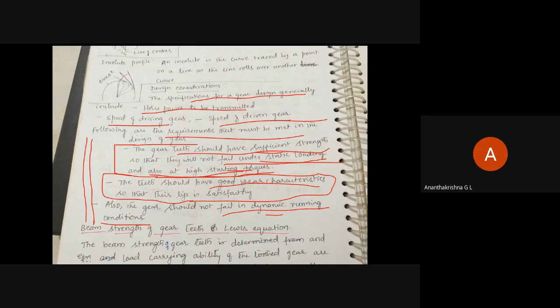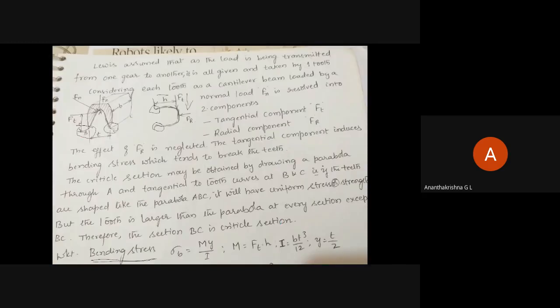To understand the strength of the gear, Lewis has formed an equation. Lewis has given an equation wherein he assumes that the entire load is given and taken by one tooth during the operation of the gears.